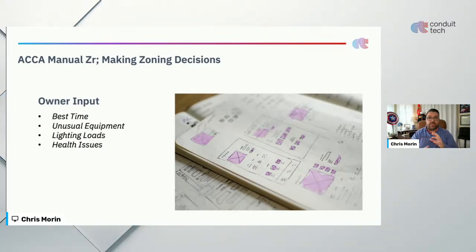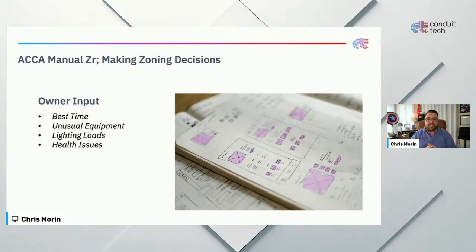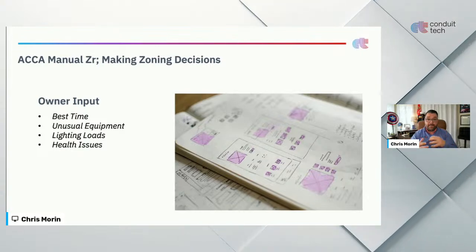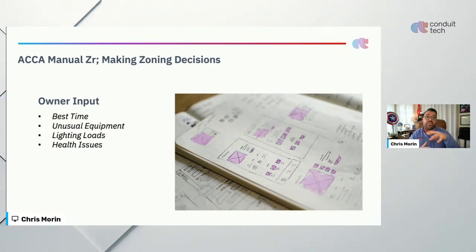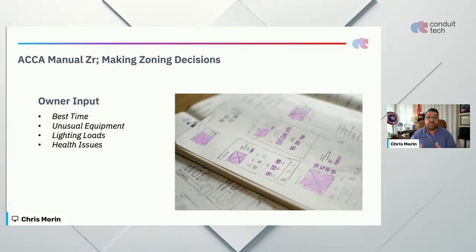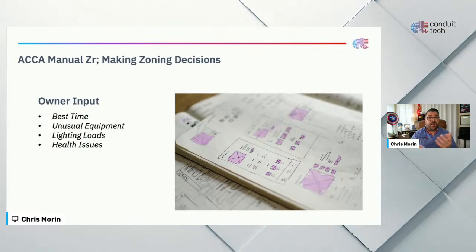Also, you need to take into account things like unusual lighting loads. Lighting loads tend to be forgotten, but they impact the sensible gains in a room like a big kitchen a lot, and it can influence how much you need to zone that area out from the house. Or, of course, IAQ issues for health concerns.